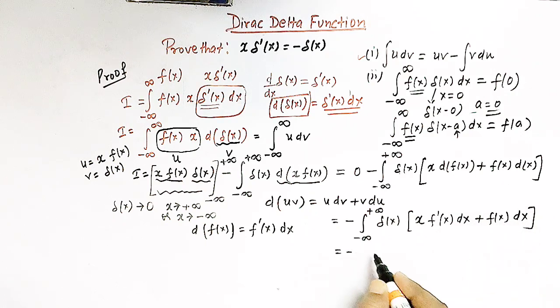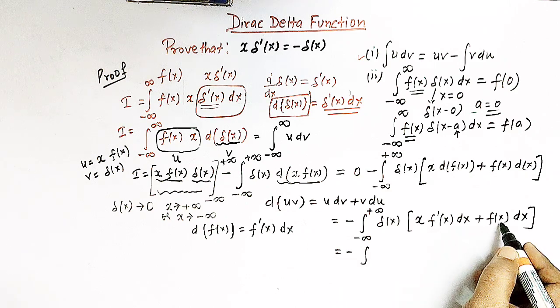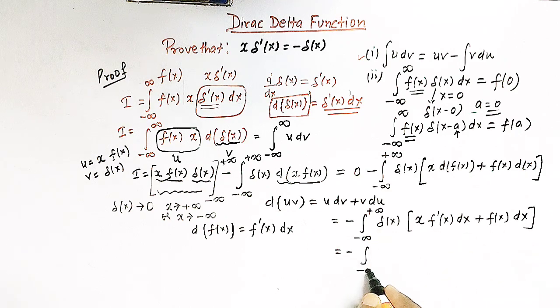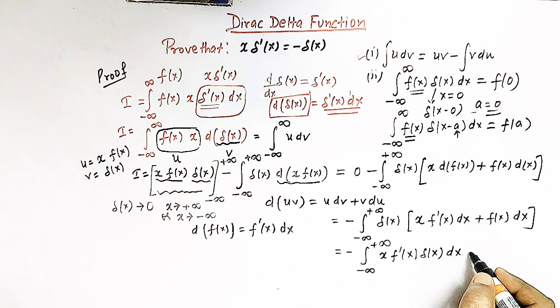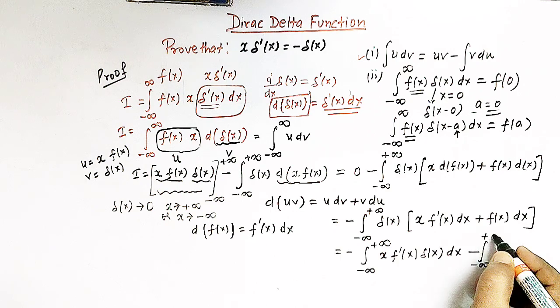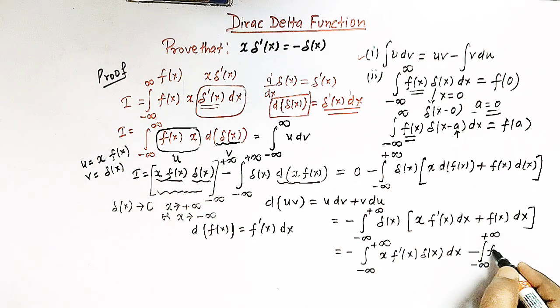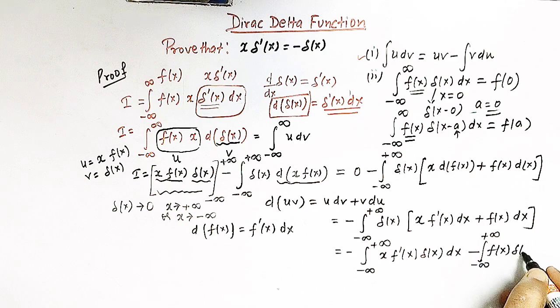Now multiplying these two terms by delta x, we have the integral from minus infinity to plus infinity of x f prime of x delta of x dx, and then the negative sign and the integral from minus infinity to plus infinity of f of x delta of x dx.